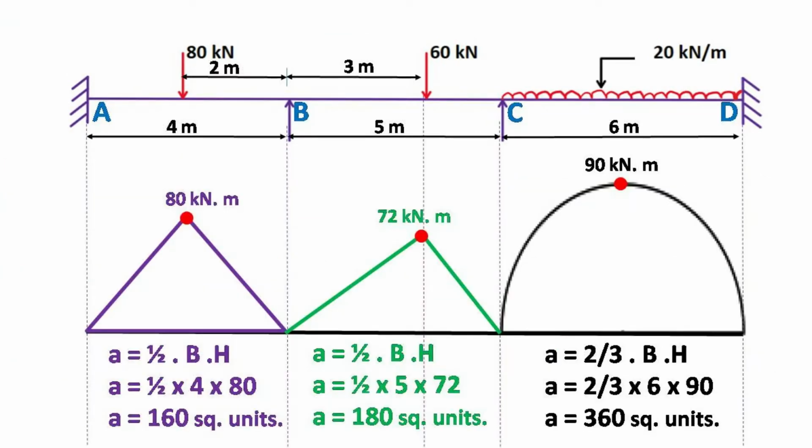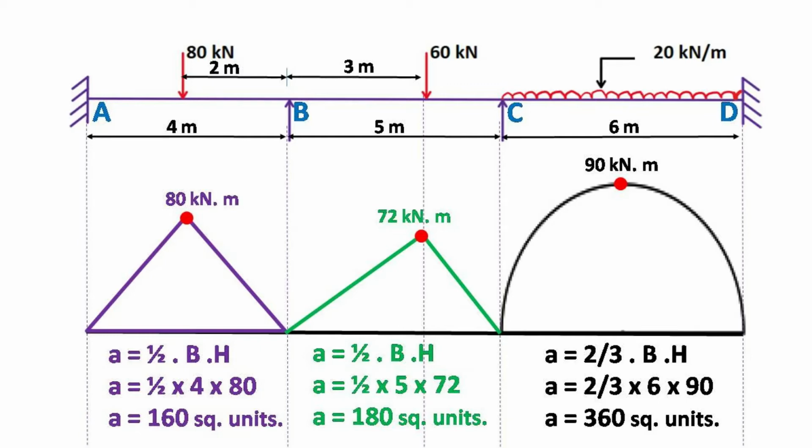Slide 5. Now in the second step we are drawing the free end moment diagrams for every span separately. AB is loaded by a point load at center, so we will get an isosceles triangle, as shown in the figure. Span BC is loaded by an eccentric point load, so we get a triangle as shown in the figure. Finally span CD is loaded by UDL over the entire span, so it's a symmetric parabola as shown in the figure.